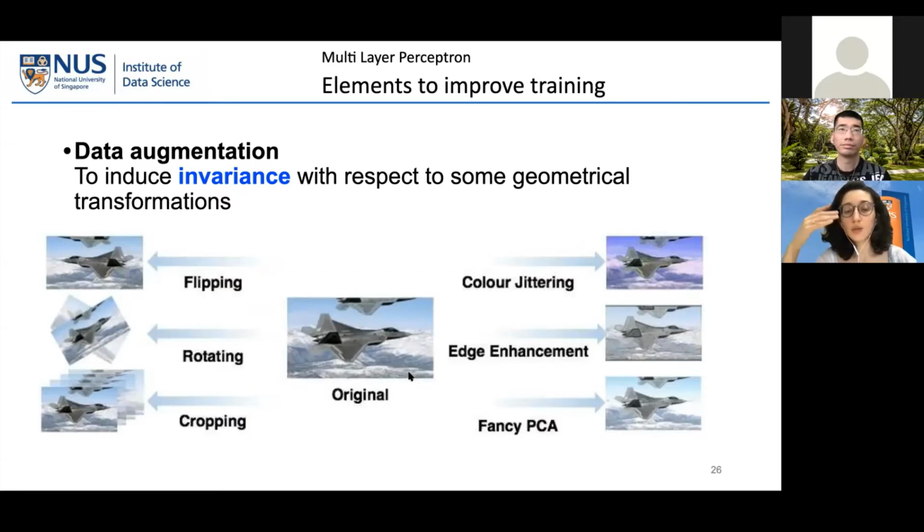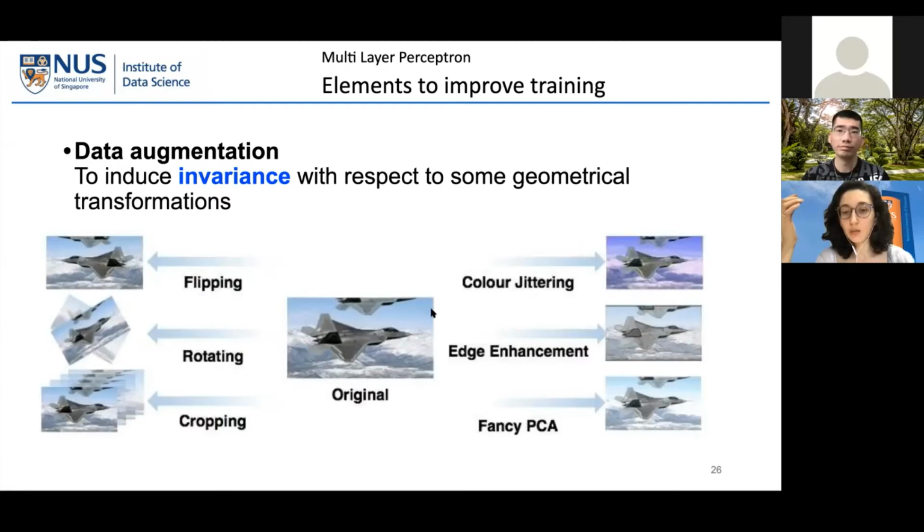So what you can do is to artificially increase your dataset by taking your original input samples, your original images, and maybe adding some transformation, flipping, rotating, cropping, like maybe if it's a bit cropped, you may want your model to still be able to detect it. Color jittering, edge enhancements.